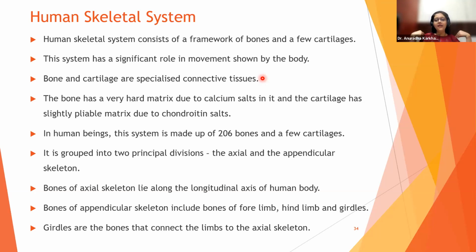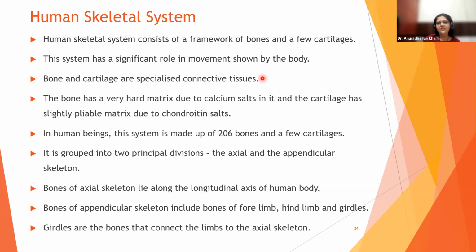So this side area, our arms, legs, the pectoral girdle and pelvic girdle, all of these are part of our appendicular skeleton. So axial skeleton means which lie in the central axis, and appendicular skeleton means which lie on the sides of the axial skeleton.